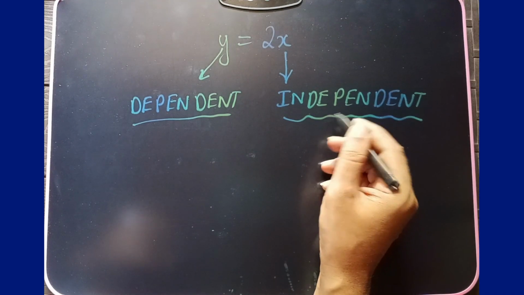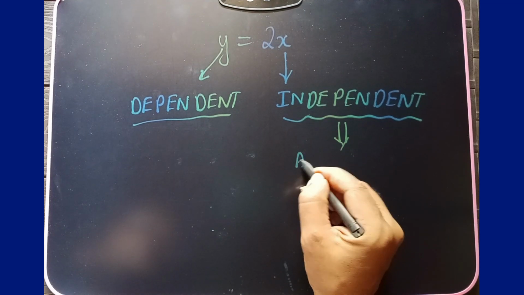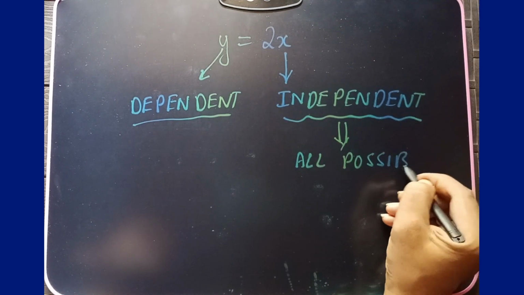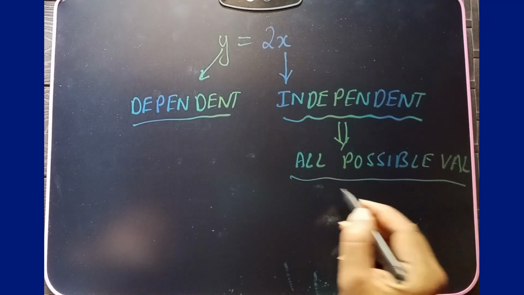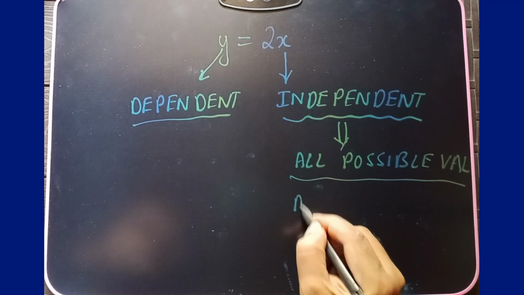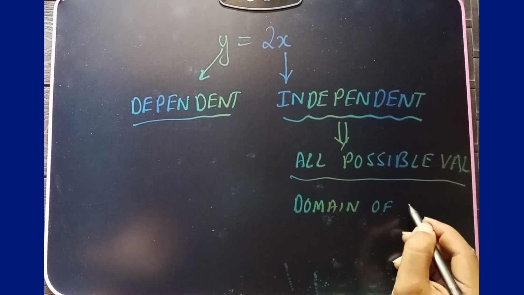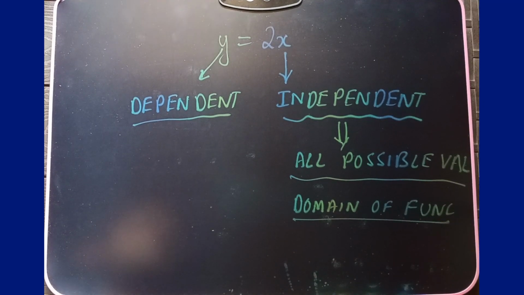In this independent variable, there are all possible values. The independent variable can take multiple values, and these are called the domain of the function.